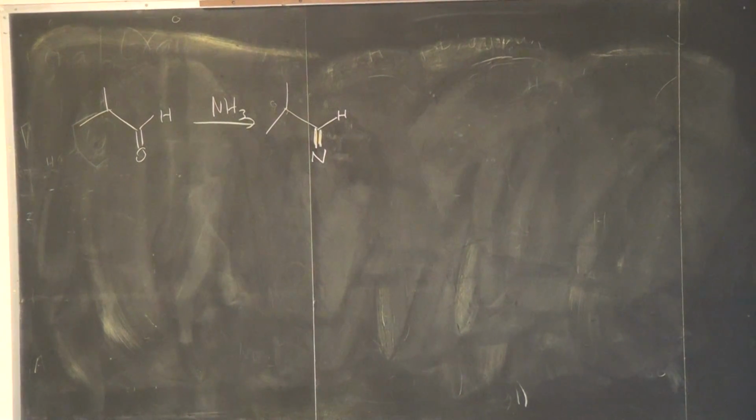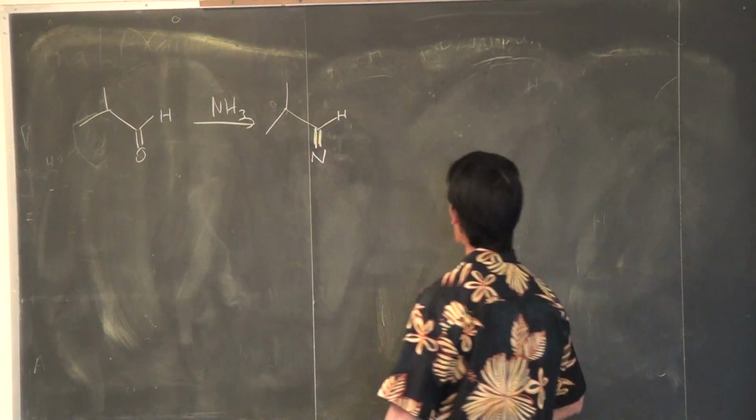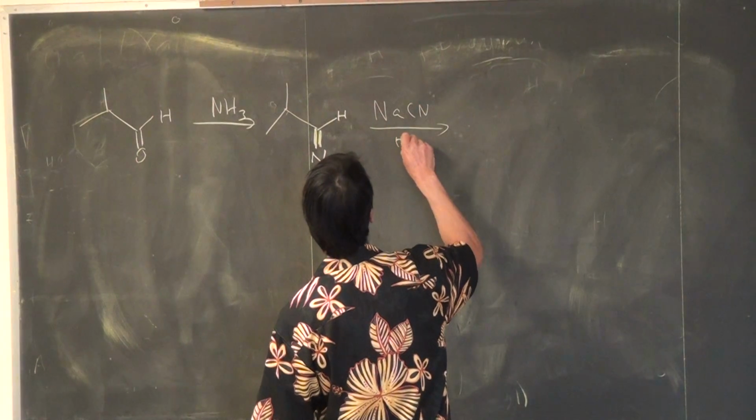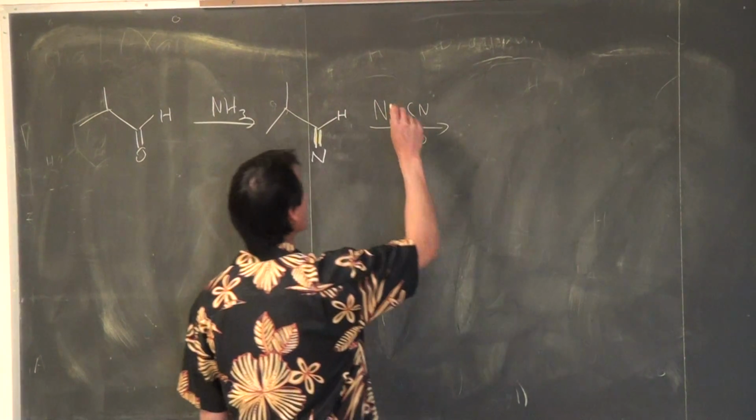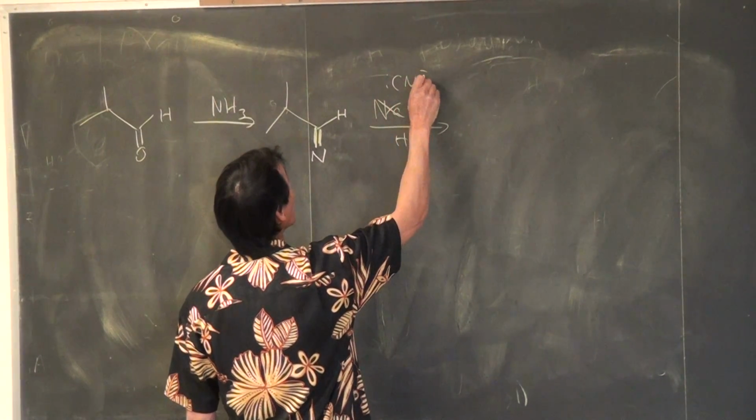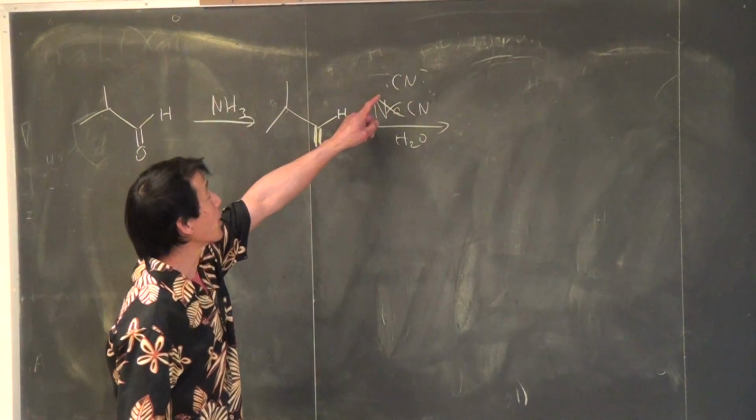Okay, so who would like to draw the next product? Okay, so now we treat this compound with NaCN. Because like I said, don't worry about the Na, so that's CN minus. So you said that the CN is going to react where?